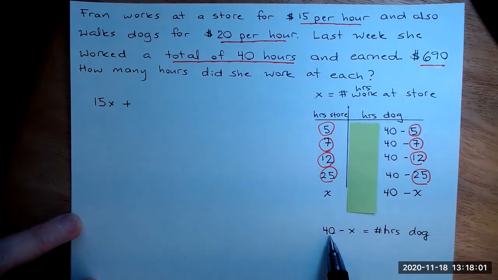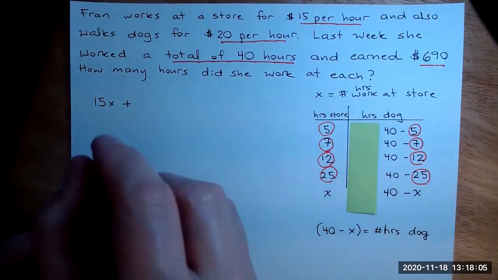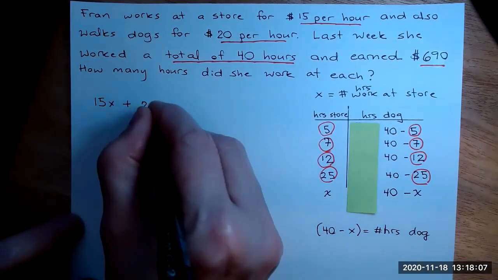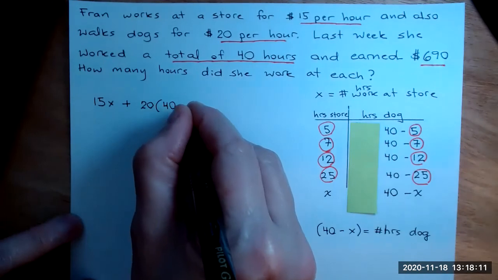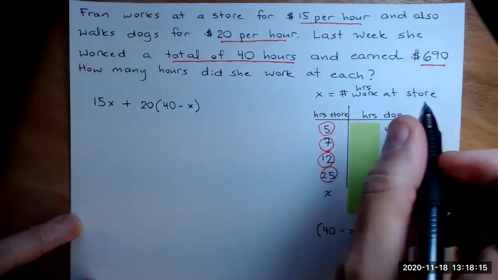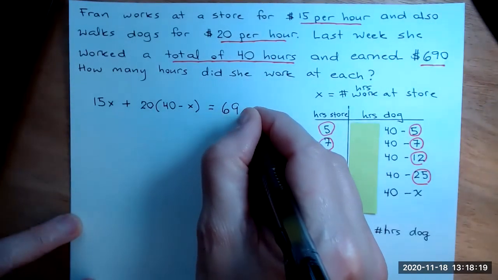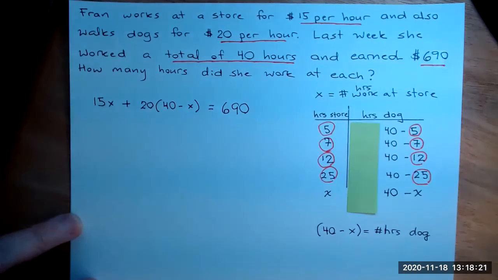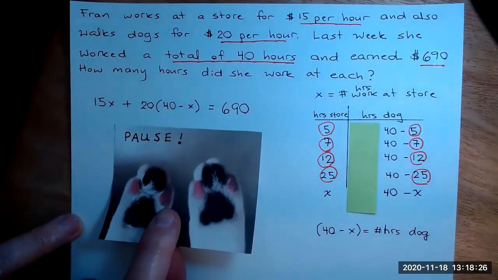And since this is an expression, you'll want to put parentheses around it. And then that's equal to the total amount of money she earned for the week. And again, if you want to hit pause and try solving that on your own.